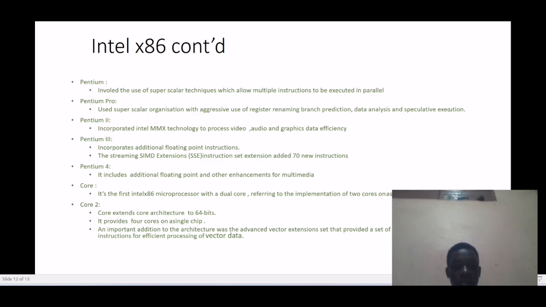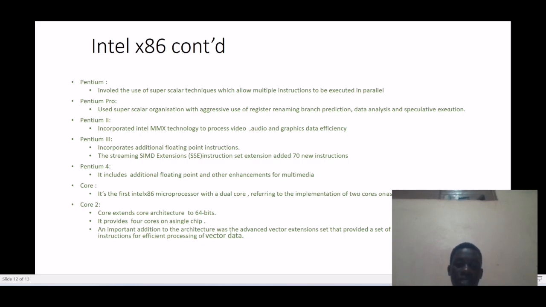The Core, it's the first Intel x86 microprocessor with a dual core, referring to the implementation of two cores on a single chip. The Core 2 extends core architecture to 64 bits, and it provides 4 cores on a single chip.